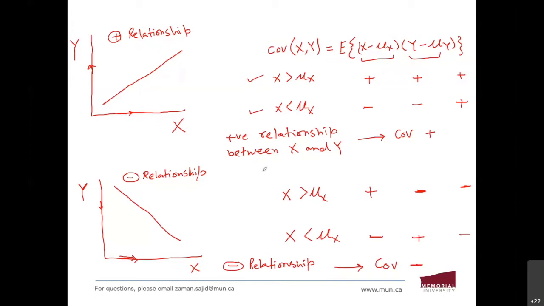Folks, I need to go on the next slide, please. Now, this is the whole story of your covariance. Now, where does the coefficient of correlation come in? I'm going on the next slide, please.